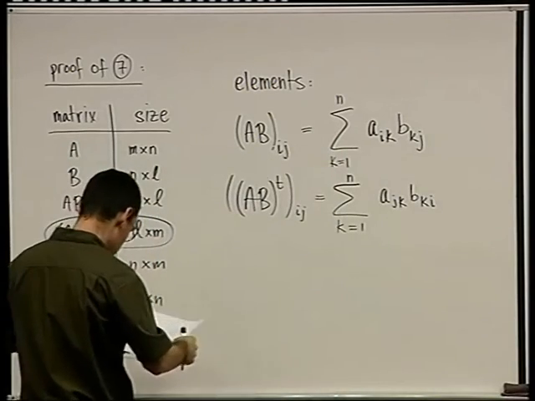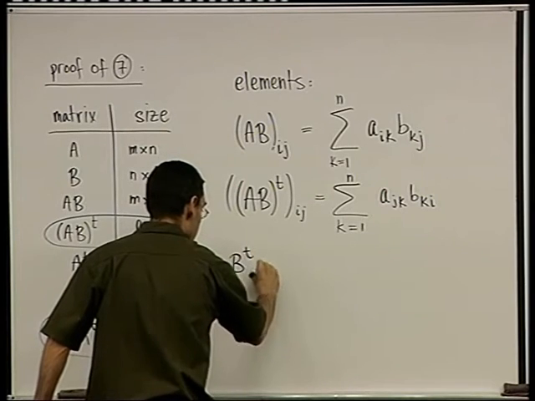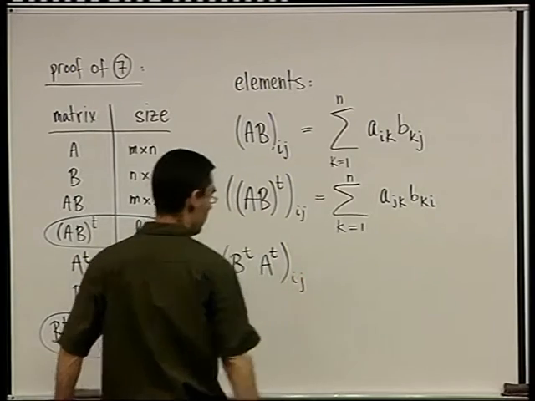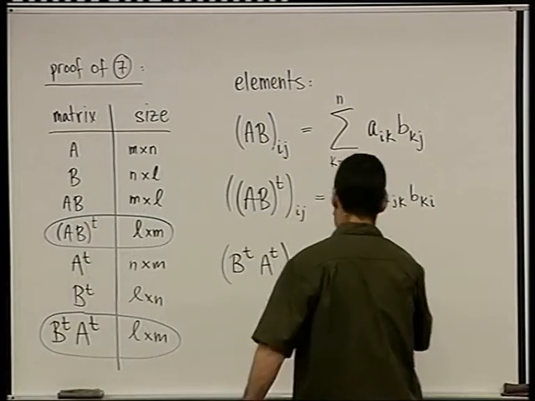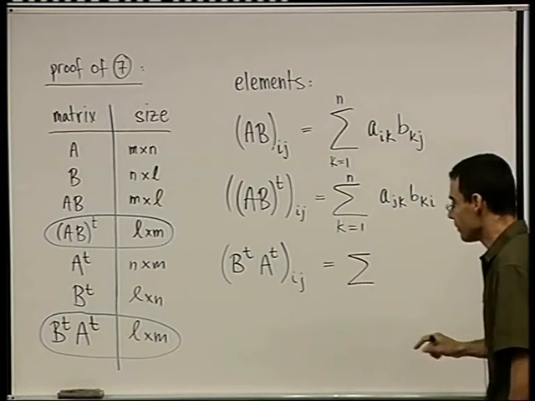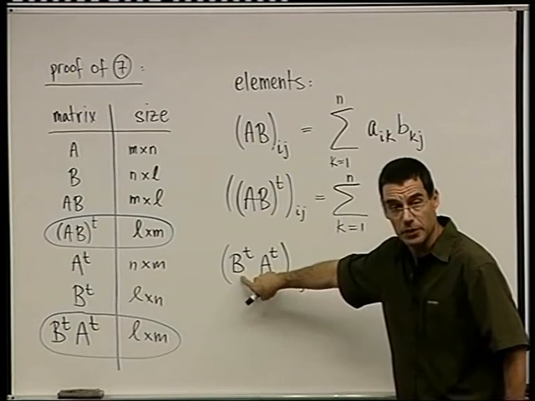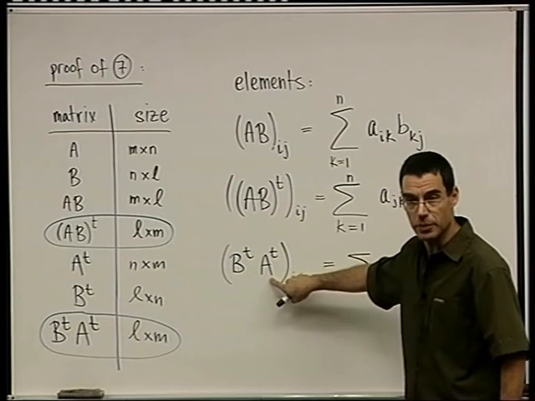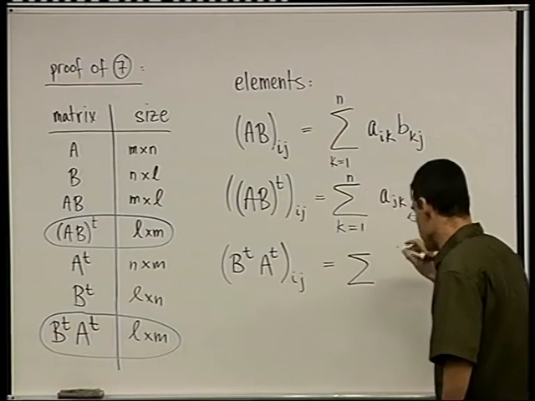Now let's see what is the ijth element of B transpose A transpose. It's the sum of the ith row of B transpose times the jth column of A transpose. That's how we do multiplication. So what are the elements? Let's do it in two steps.